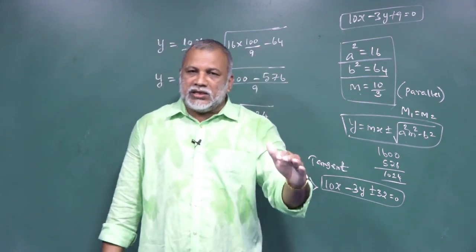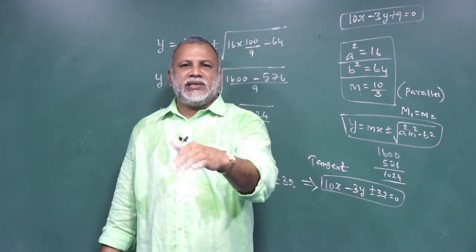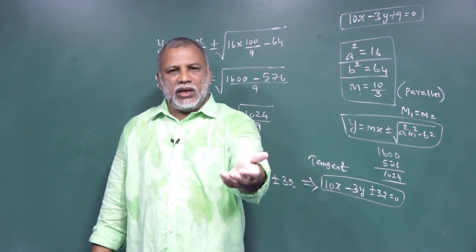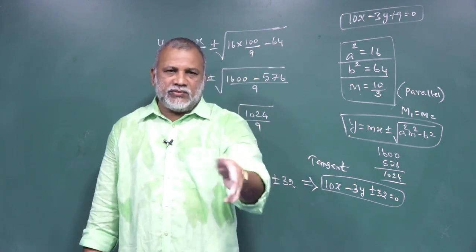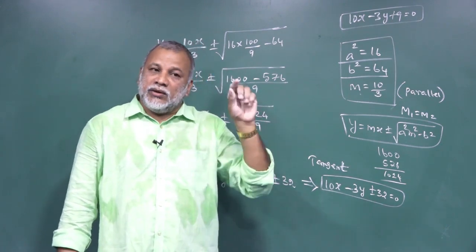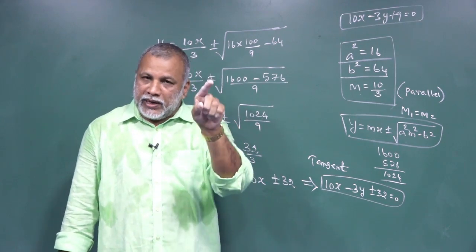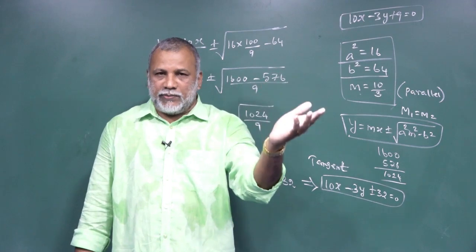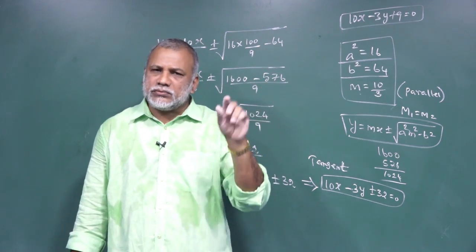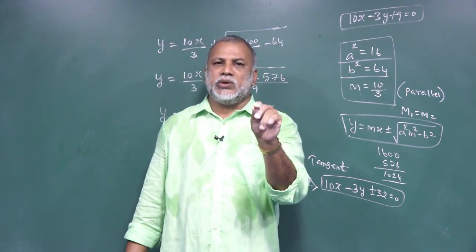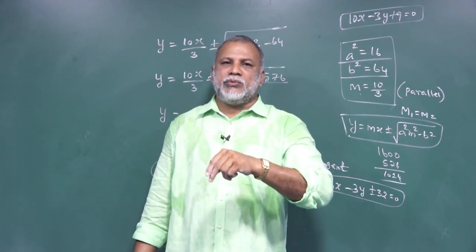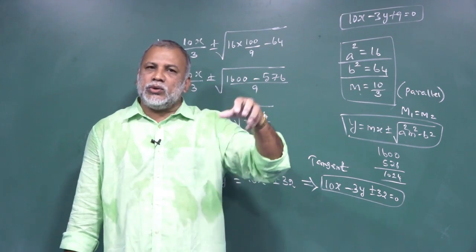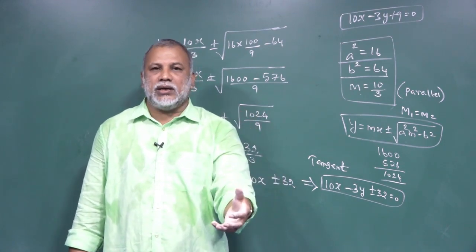Then the condition for the line y equal to mx plus c to be a tangent to a parabola, to an ellipse, to a hyperbola. Based on this we worked out some problems. Instead of c we worked out the condition: for a parabola c equal to a by m. Then for an ellipse c squared equal to a squared m squared plus b squared. For a hyperbola c squared equal to a squared m squared minus b squared. From that we are able to derive one more tangent also.